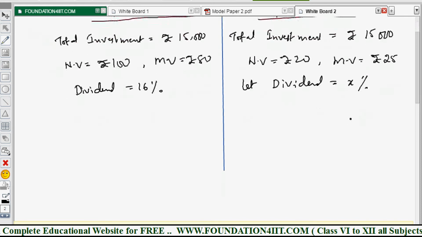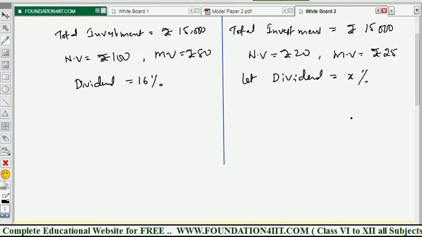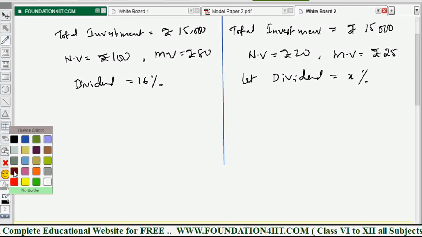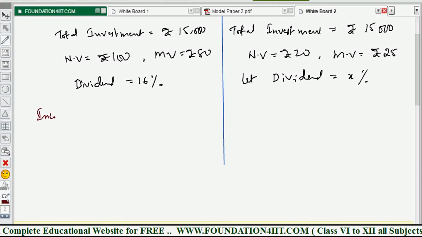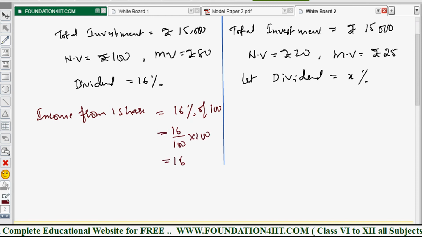Then by using this given data, we can find the income from one share. That is 16% of the nominal value, which is 100. 16% of 100 is 16 by 100 into 100, that is 16.